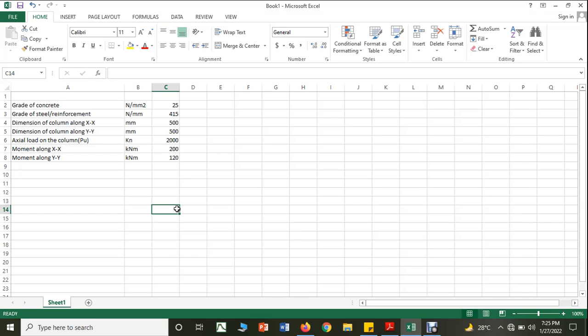So now what we do is take the effect of both these moments and find one moment, so that with one moment and one axial load, it acts as a uniaxial load. Even though we are making it one moment, the effect of both the moments, along XX and YY, will be taken into consideration. Therefore the design will be safe.